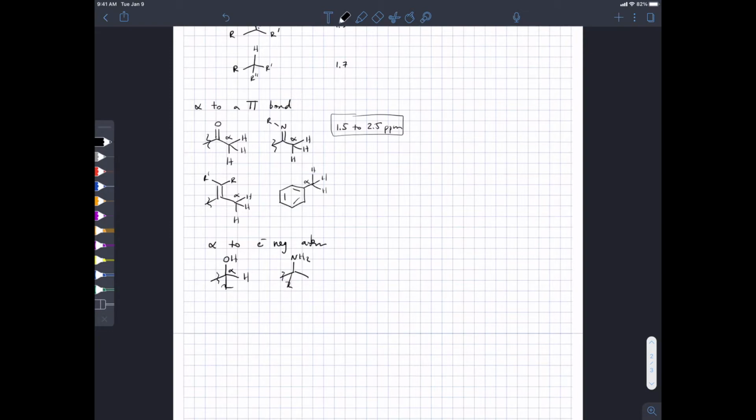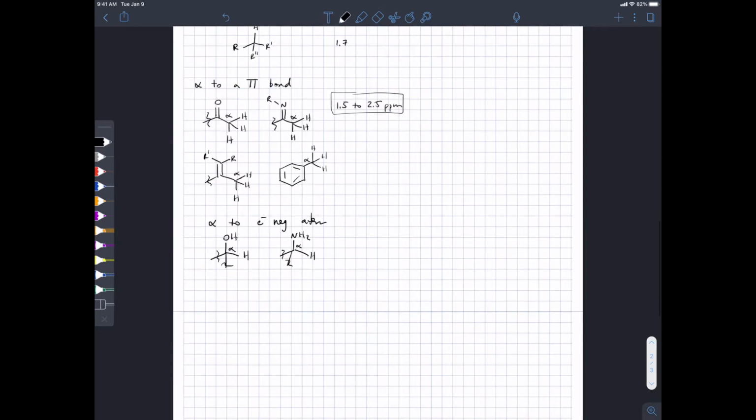The squiggly lines here represent other things, typically alkyl groups. You could be alpha to an electronegative halogen like fluorine or chlorine, and the chemical shift value is going to be in the 2.5, but usually closer to 3 to 4 ppm area.